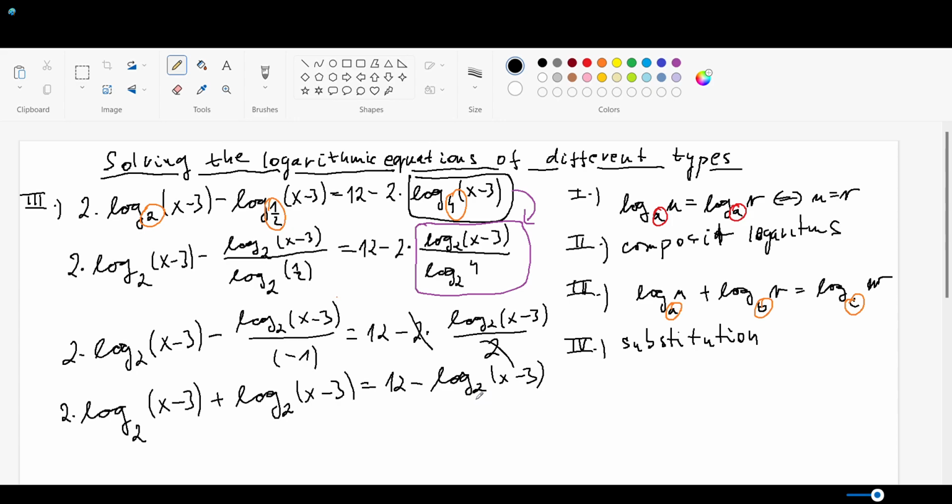And this is all we really had to do, because now if you think about this equation, it looks like we have 2 times something plus something, take away something, okay?